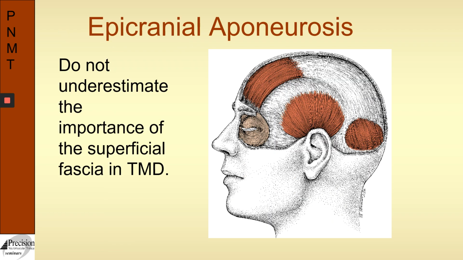In terms of muscular stuff, first, in just the superficial tissue, the occipitalis, the frontalis, this whole epicranial aponeurosis, it's really important not to underestimate the importance of that in TMD dysfunction. It shouldn't be overstated, but it shouldn't be understated as well.